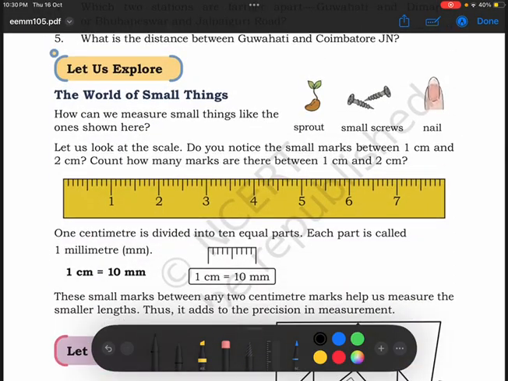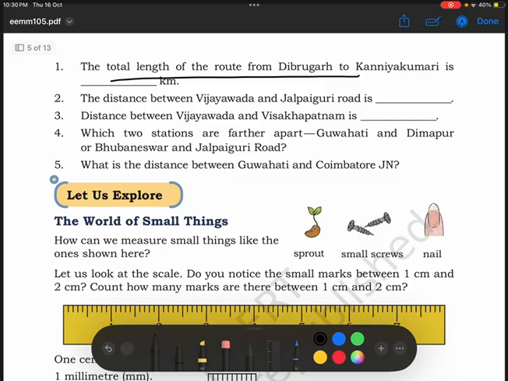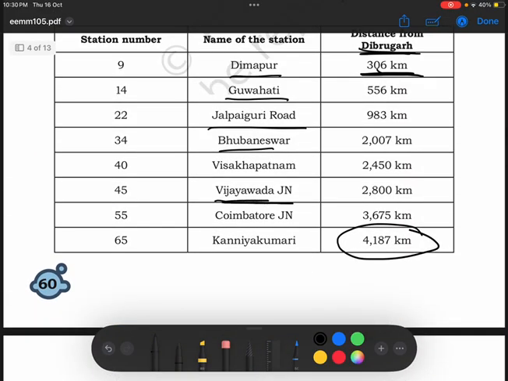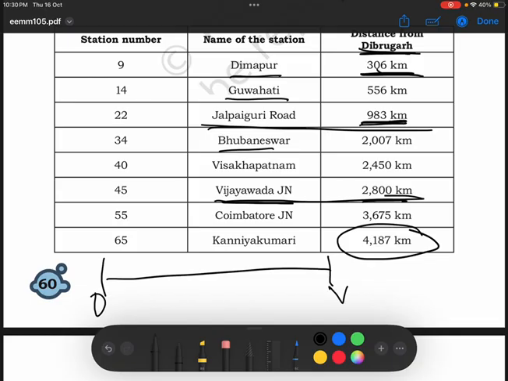The second question is the distance between Vijayawada and Jalpaiguri. This is Vijayawada, this is Jalpaiguri. So we have to find the distance between these two stations. This is the distance from Dibrugarh to Jalpaiguri, and this is the distance from Dibrugarh to Vijayawada. So for example, this is Dibrugarh, the first station, this is Vijayawada, and in between there is Jalpaiguri.